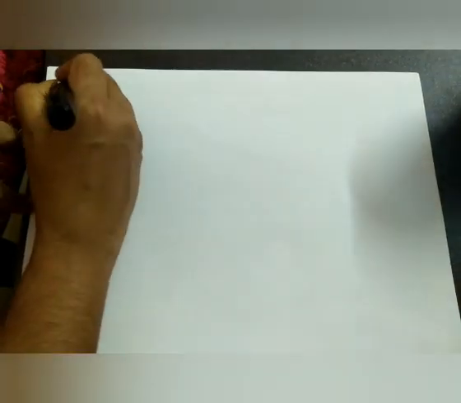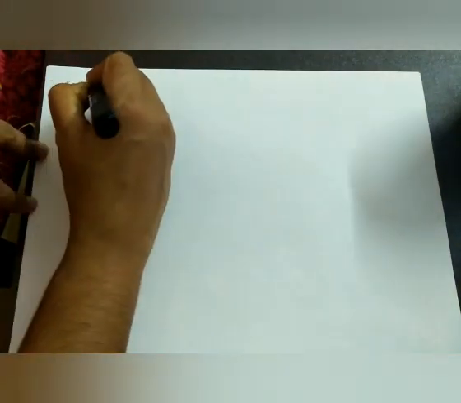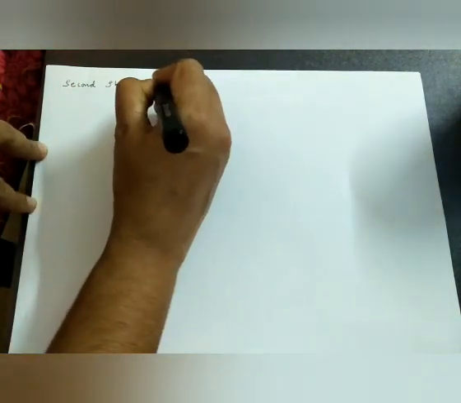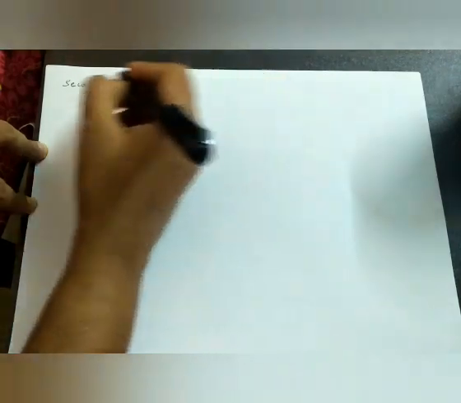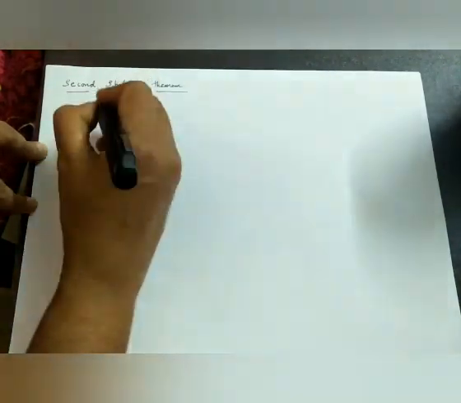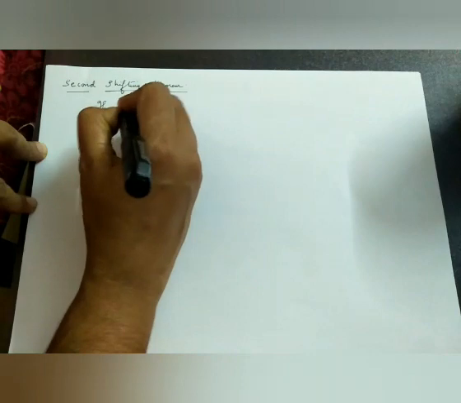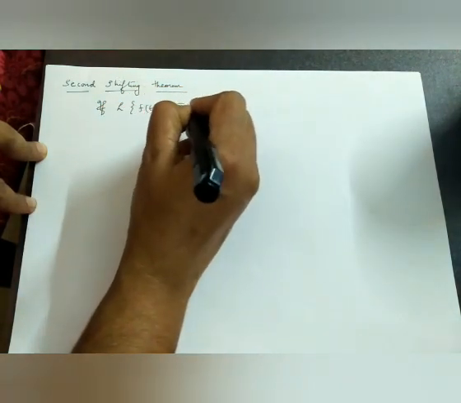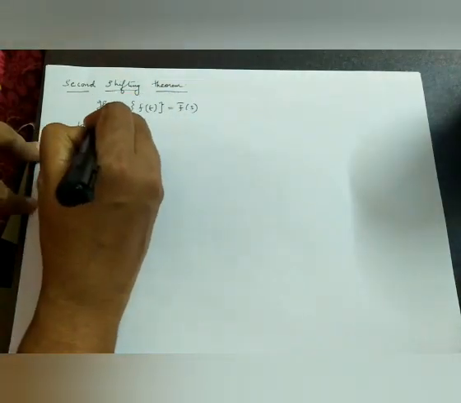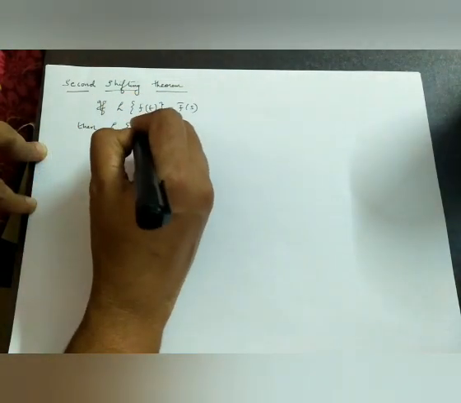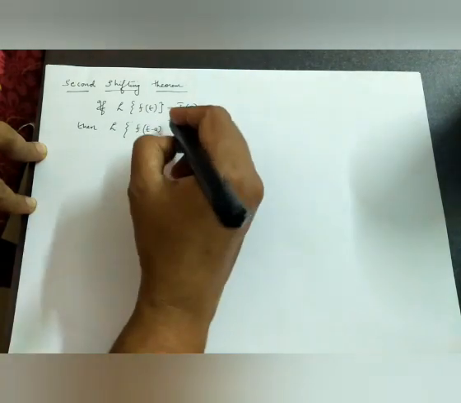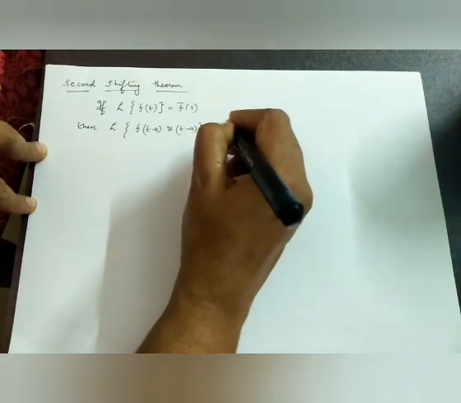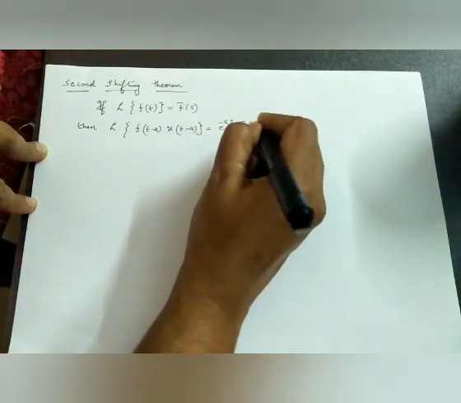Next we have the second shifting theorem. If the Laplace transform of f of t equals f bar s, then the Laplace transform of f of t minus a into u of t minus a equals e raised to minus as into f bar s.